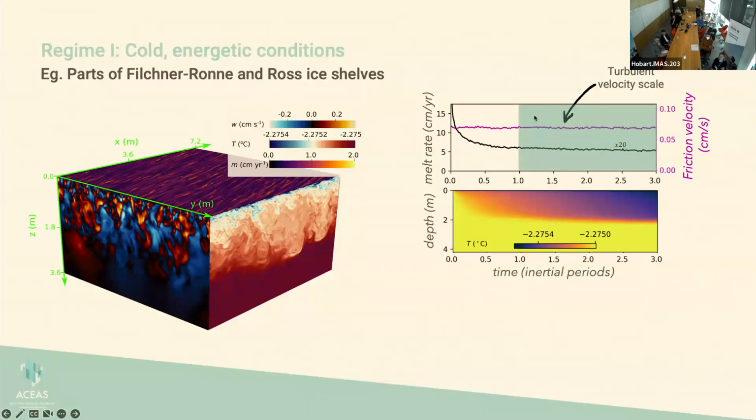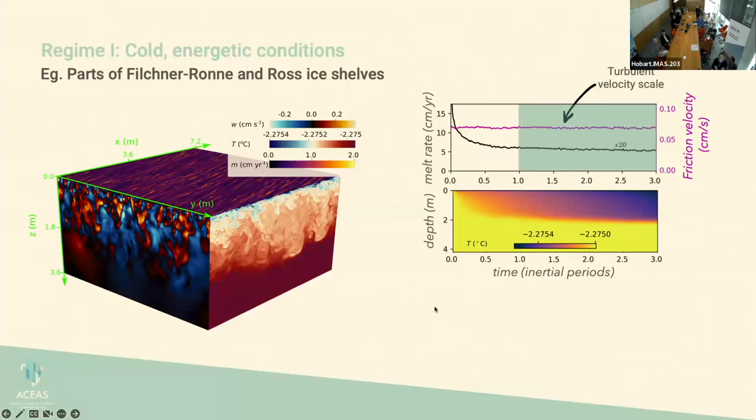So this is the period of observing a steady melt rate. It's decreasing very slightly over time, and if we look at the temperature field, we can sort of understand that. This is how the temperature is evolving over the whole experiment, taking the horizontal average over this model domain.